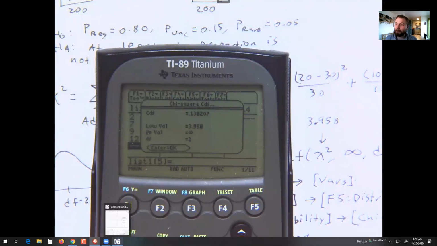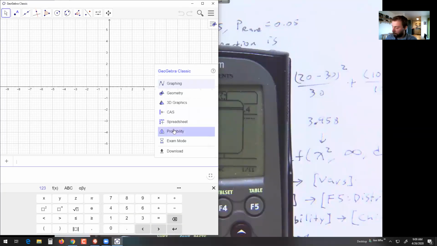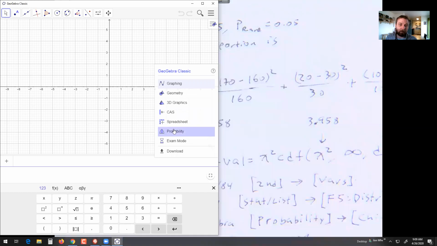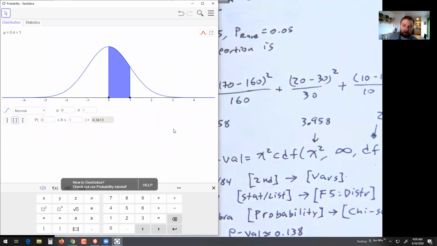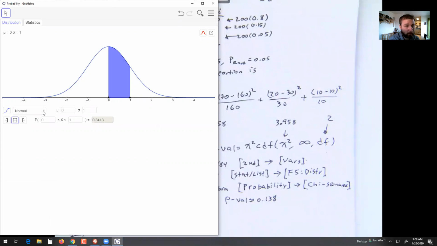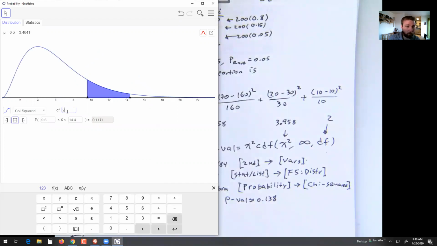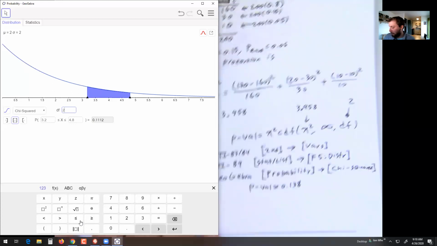And let's see the same thing inside of GeoGebra. I'm opening up GeoGebra. I'm going into the option for probability. The default it starts with is the normal distribution. Normal distribution shows up a lot, so that's a pretty nice default. But I'm working with chi-squared. My degree of freedom is 2. So my picture for this actually starts on the other side of the mound.